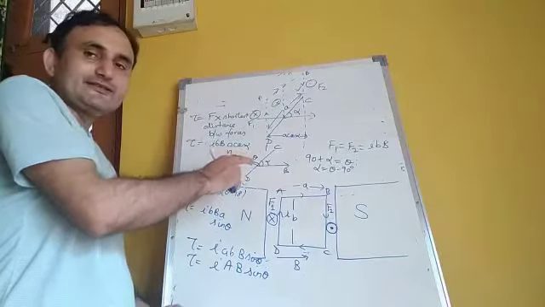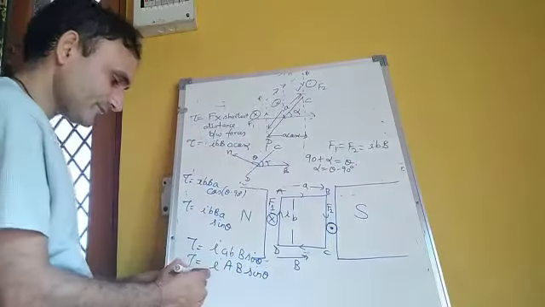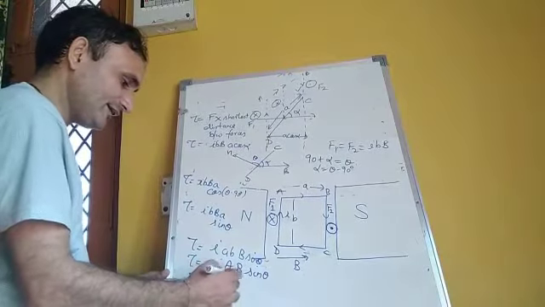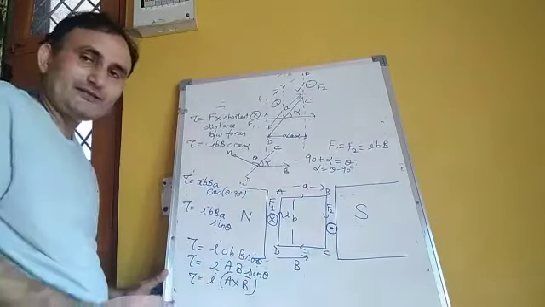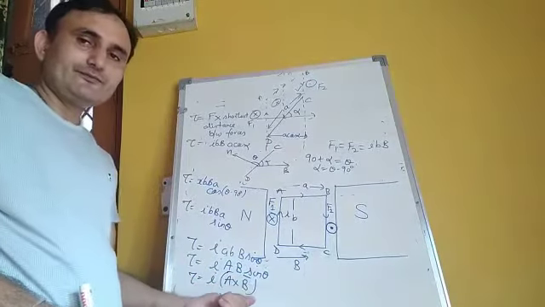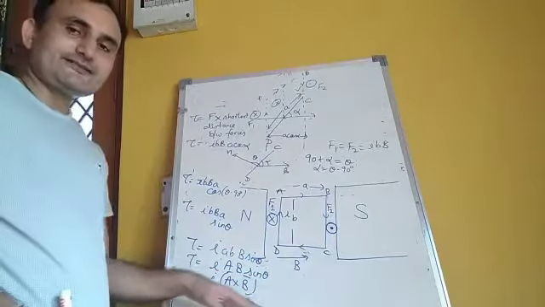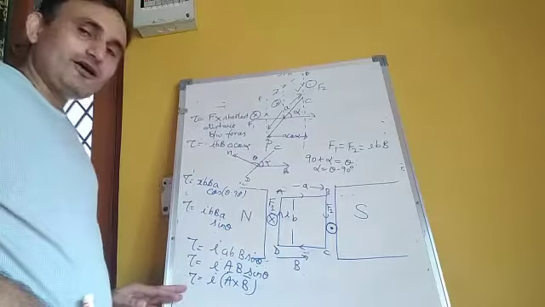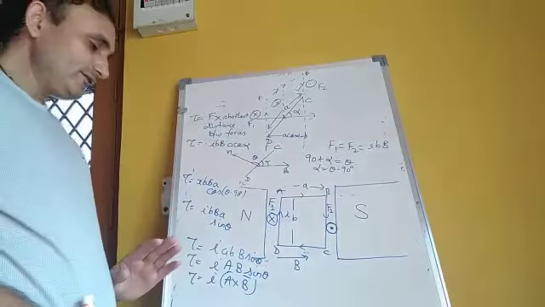The angle between them is theta. So what is this effectively? Torque is equal to I into A cross B. It is the cross product of the A vector and the B vector, area vector and magnetic field. So this is our expression for the torque on a current carrying loop in a magnetic field.